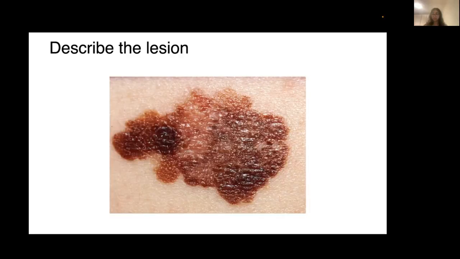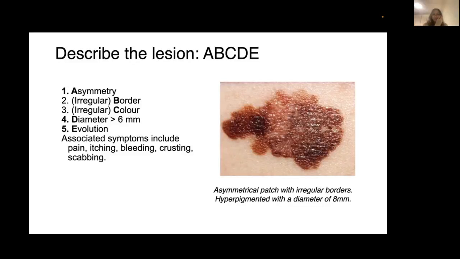So we have one answer, which is asymmetrical, irregular borders, and multiple colours. Nice, well done. I can see there that you're using the ABCDE structure, which is exactly what I was going for. So well done.